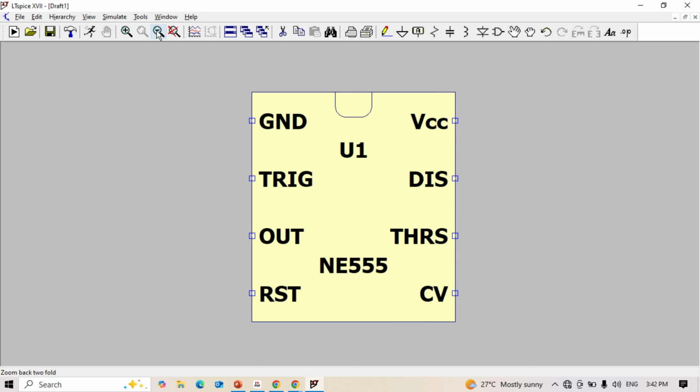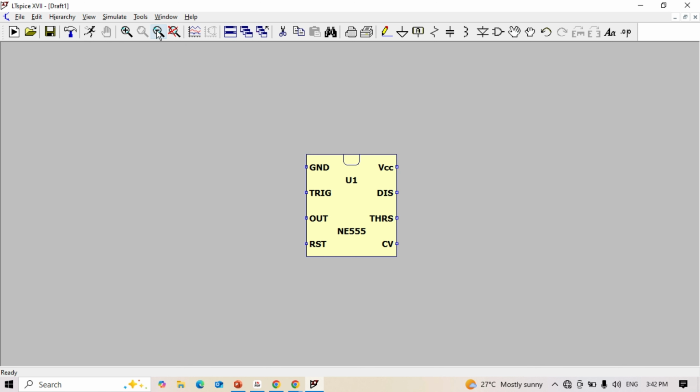So let's minimize it and try to build a simple circuit to generate an astable multivibrator, right? What we need for that: we need a power supply, so let me click V. We need a voltage, and we need a ground. Ground is there.